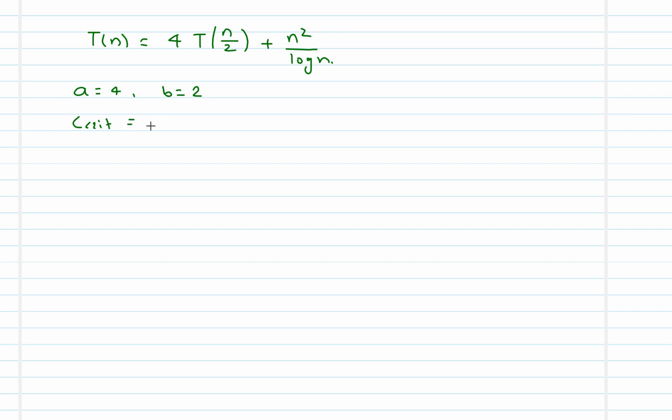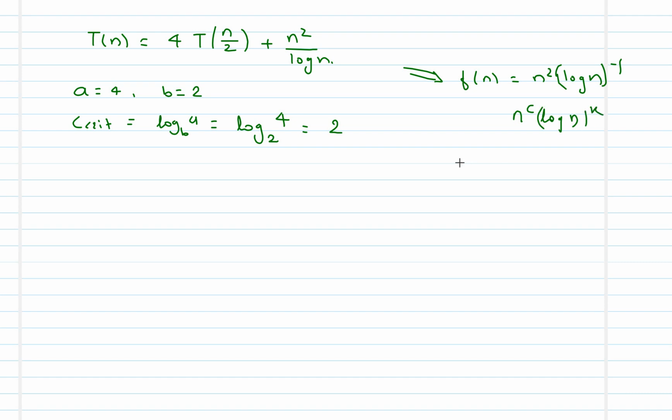C critical equal to log of A to the base B, which is log of 4 to the base 2, which I will be getting as 2. Now I will represent f of n as n square log of n to the power minus 1. So if I compare it with n to the power C log of n to the power k, I will be getting C equal to 2 and k equal to minus 1.